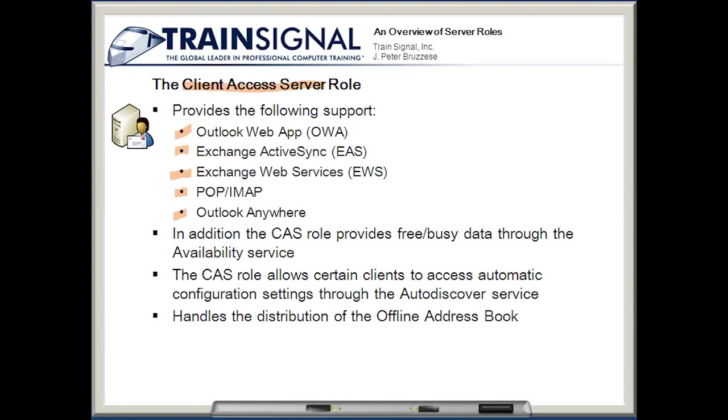Outlook Anywhere is another feature that the client access server provides, and this lets your clients that use, let's say, Outlook 2003, 2007, or even Outlook 2010 connect to the Exchange server over the internet using what's called RPC, which is Remote Procedure Call, RPC over HTTP.